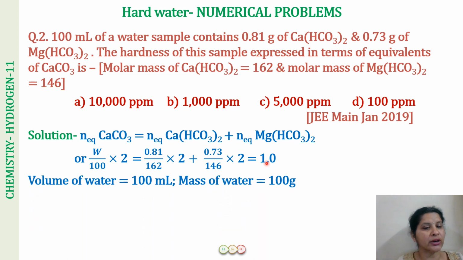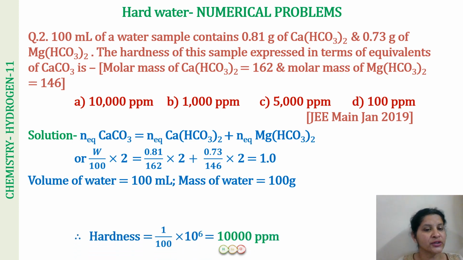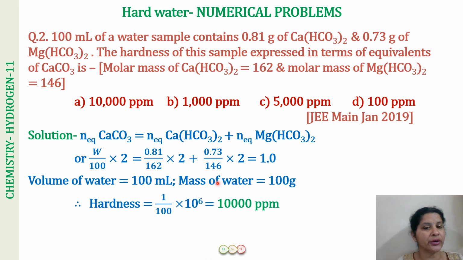And the volume of water is given to us as 100 ml, so the mass of water is 100 grams. So the hardness of the water sample is going to be 1, that is the mass of calcium carbonate, divided by 100, the mass of water, into 10 power 6. So this we will be getting as 10,000 ppm.